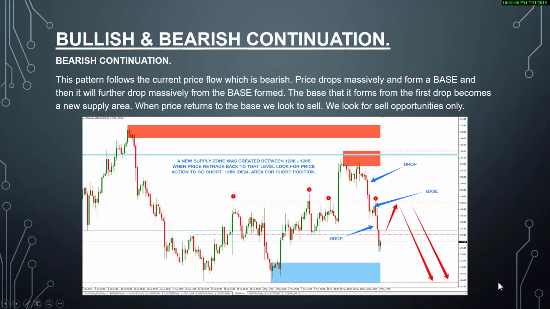So your target will be this area. This will be your target after you have sold from here. You'll be targeting this price area.